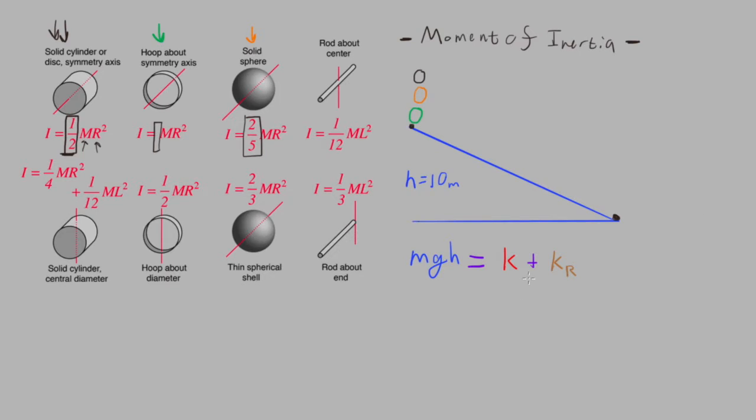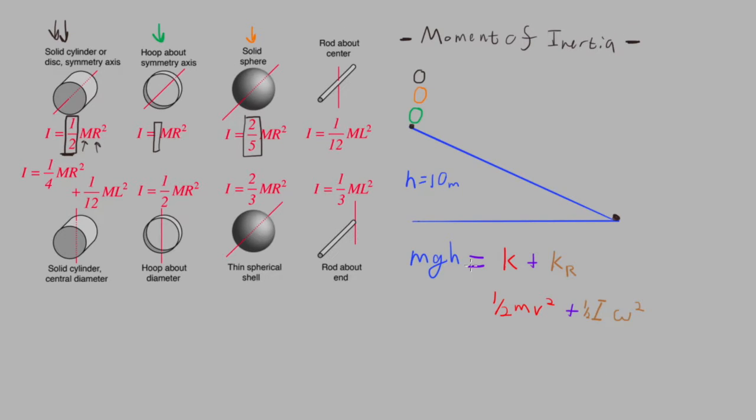Well, kinetic energy was this 1/2 mv squared. Rotational energy is going to have the rotational version of mass, which is moment of inertia. We represent that with a capital I. And then instead of a v, it's going to have the rotational version of velocity, which is angular velocity. That'll be squared. And then we'll still have that 1/2 qualifier there.